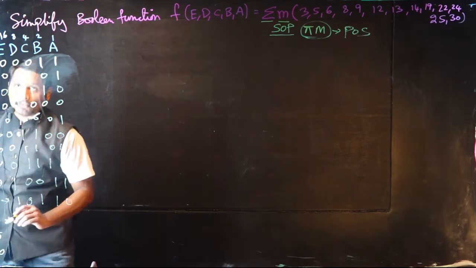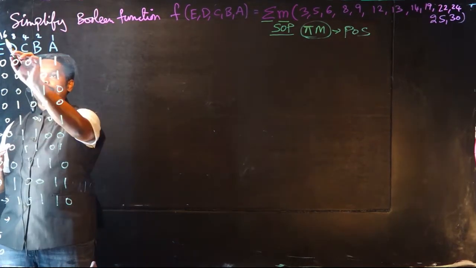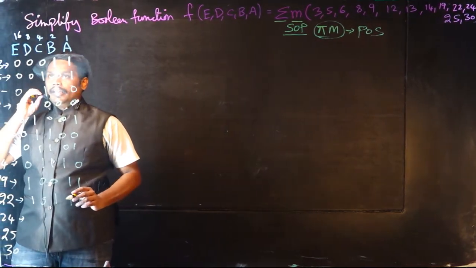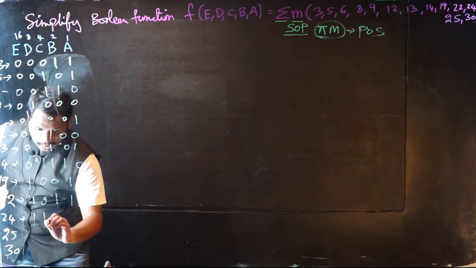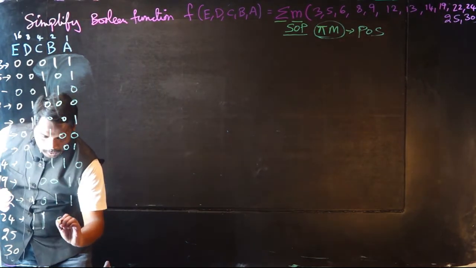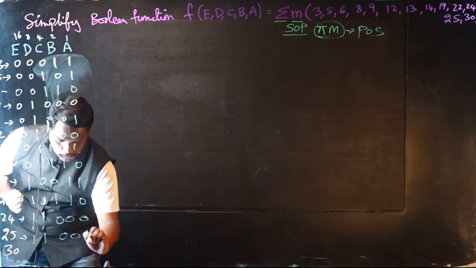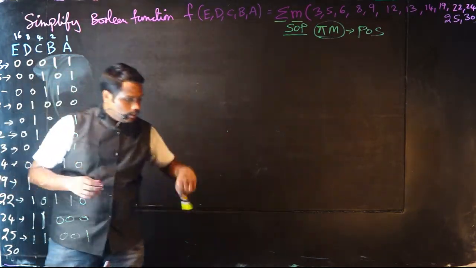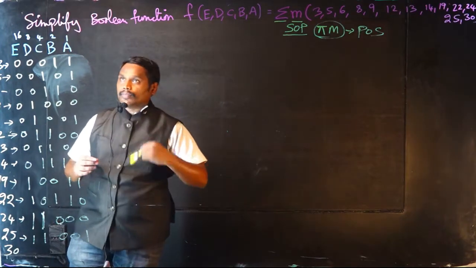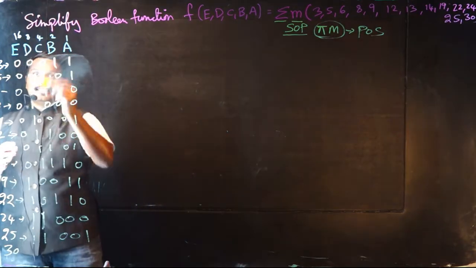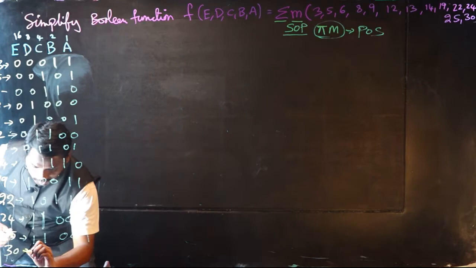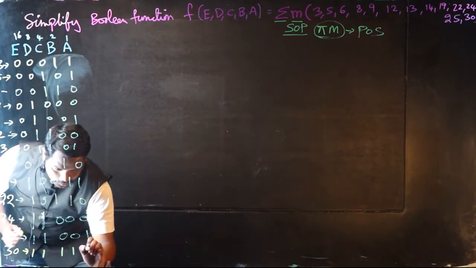And finally 24, you can make 24 as 16 plus 8, which is 24. So 1, 1, 0, 0, 0. And for 25, it will be 1, 1, 0, 0, 1. And finally for 30, if you add these 4, then you will get 30. So that is 1, 1, 1, 1, 0.